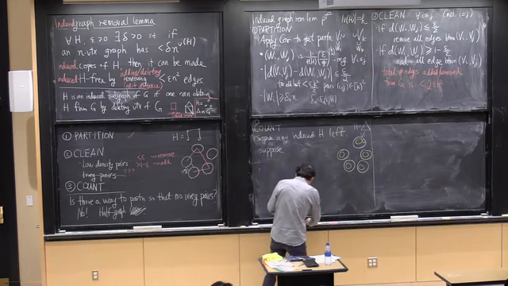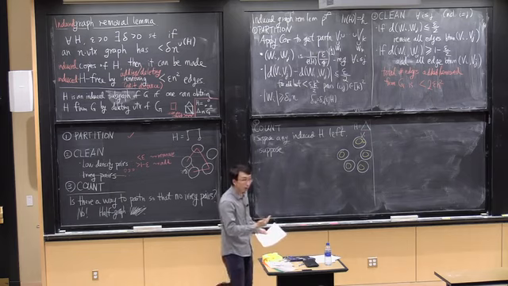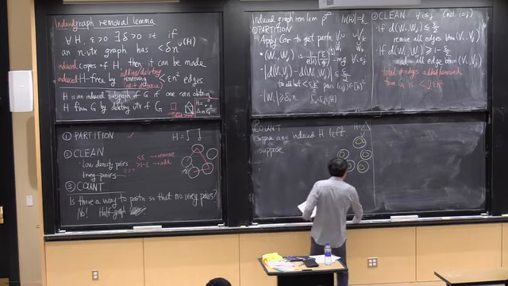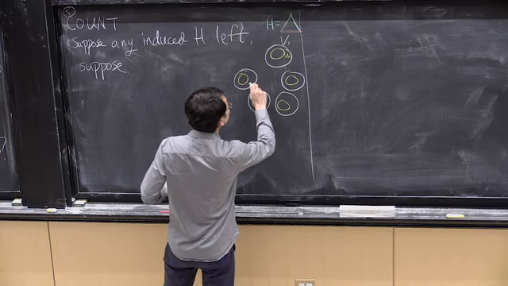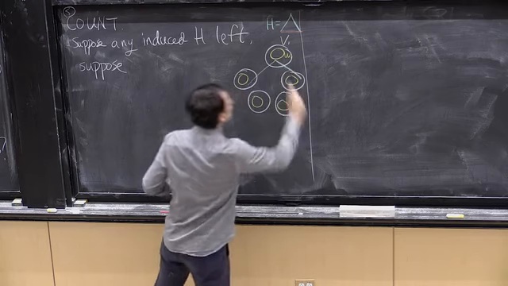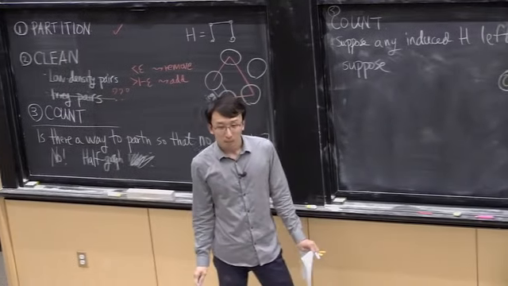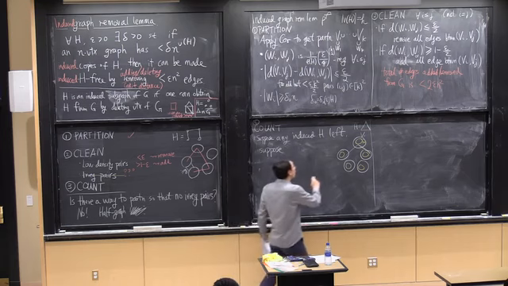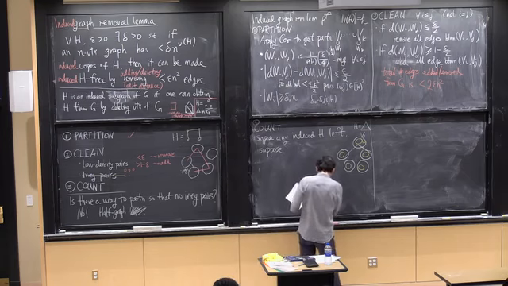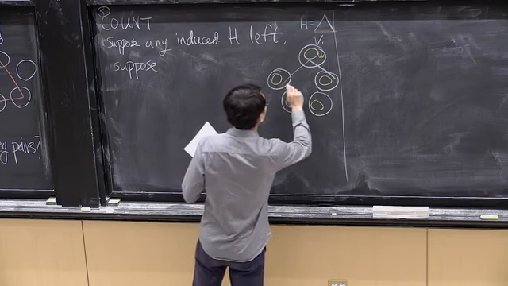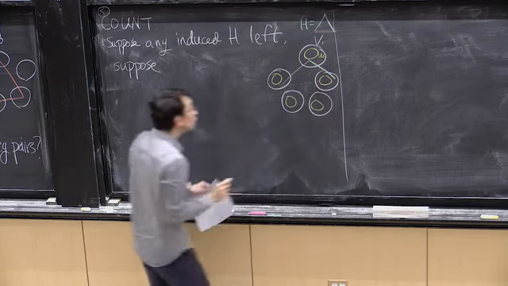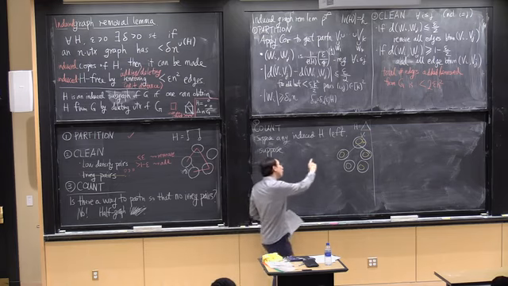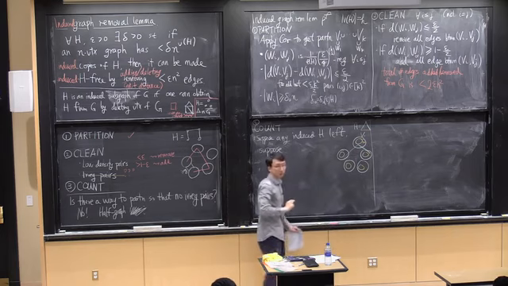So suppose you find a copy of H in the cleaned up graph. Where can that copy of H sit? Suppose you find it here. The claim now is that if this copy of H existed here, then I must be able to find many such copies of H in the corresponding yellow parts.